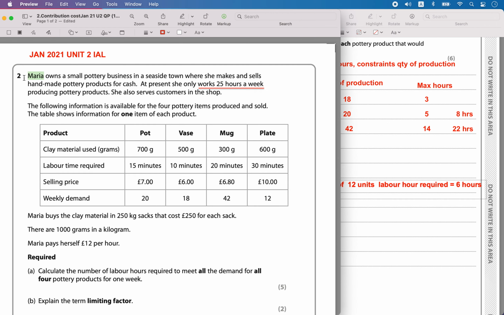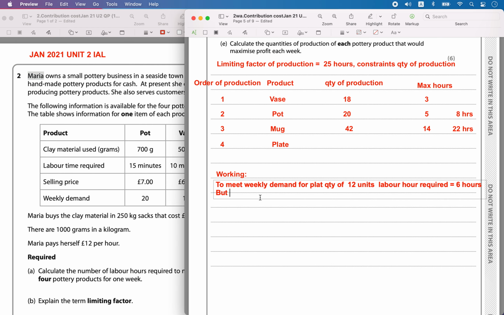But Maria will only be able to work for 25 minus 22, that is equal to 3 hours only.